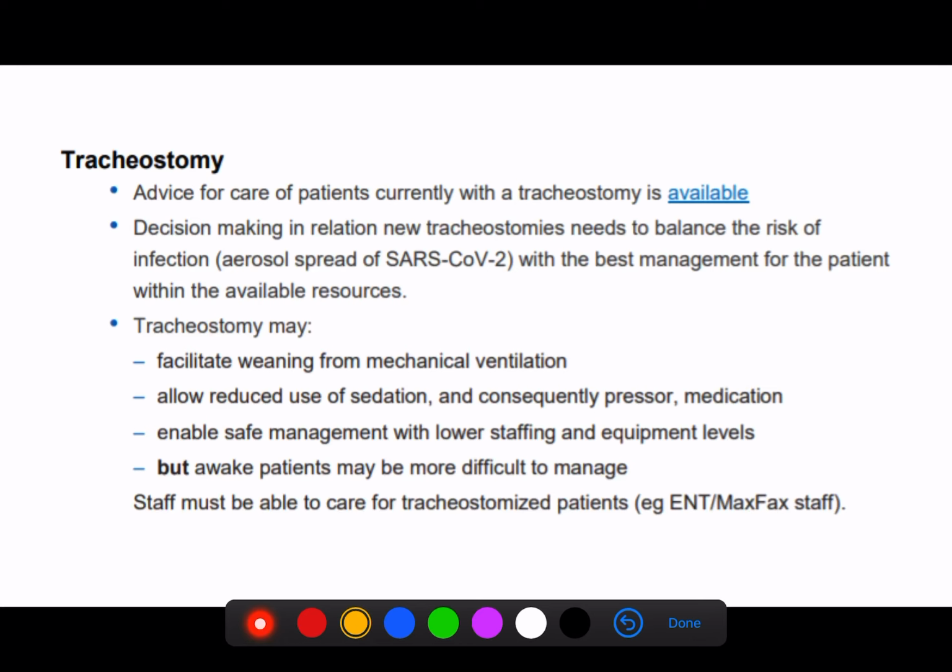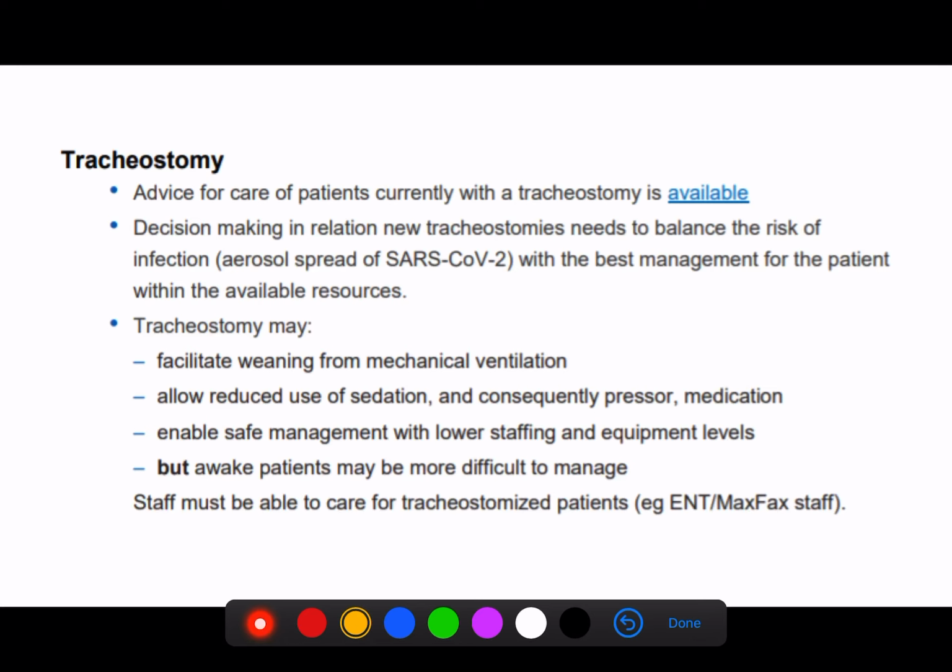So I think there's a lot of pros for having a tracheostomy, but when to put it in, the risk of aerosolization of the virus when putting in a tracheostomy, and the degree of respiratory failure, the hypoxia, may all preclude you being able to put in a tracheostomy early on in the clinical course of the patient, and often after a few weeks is probably better.